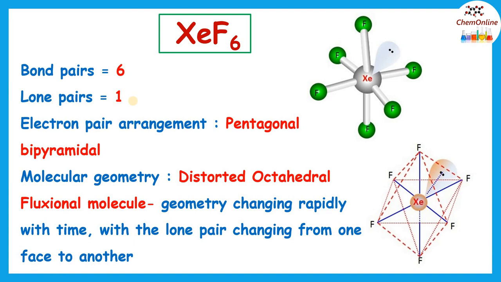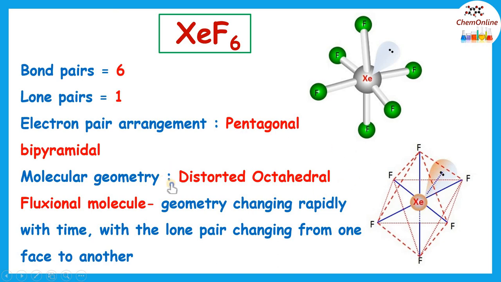According to VSEPR theory, if there are 7 electron pairs, we expect a pentagonal bipyramidal geometry. But since one of the electron pairs is a lone pair, the geometry becomes a distorted octahedral, with the lone pair occupying the trigonal face.